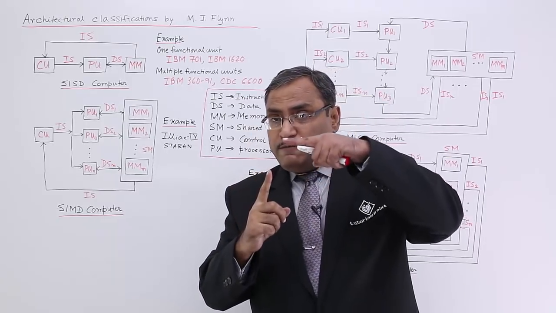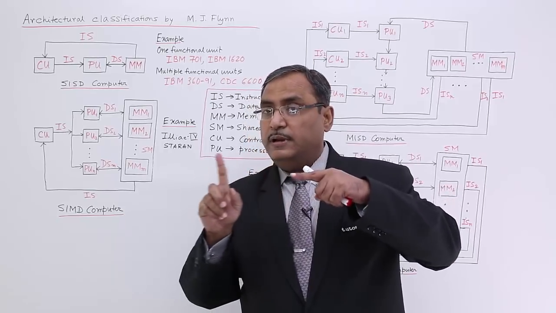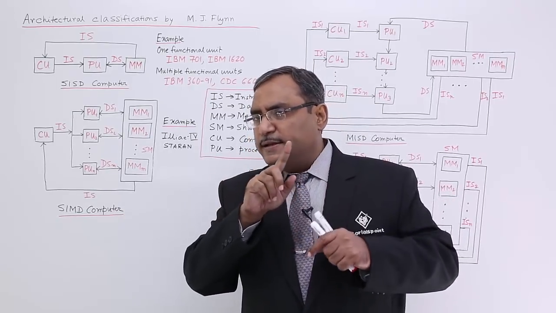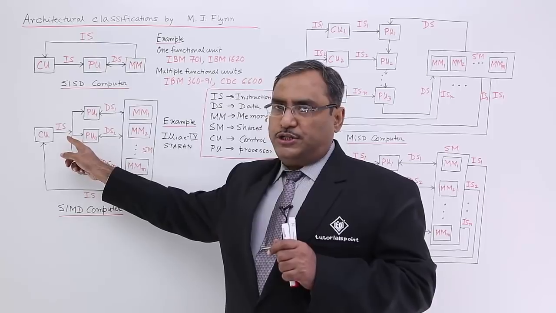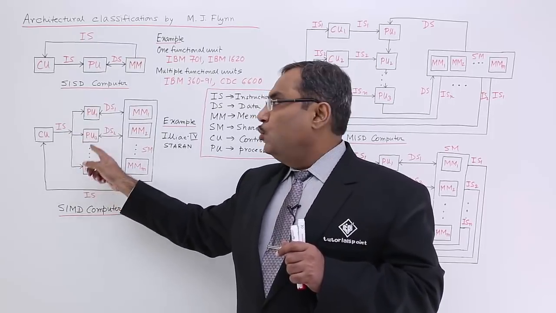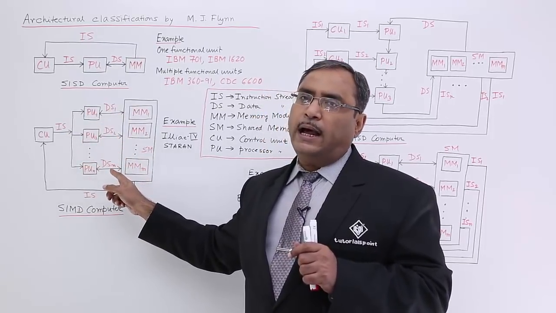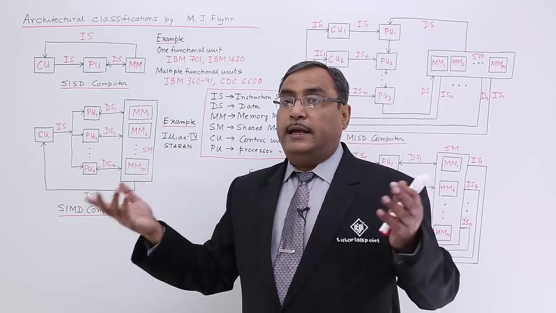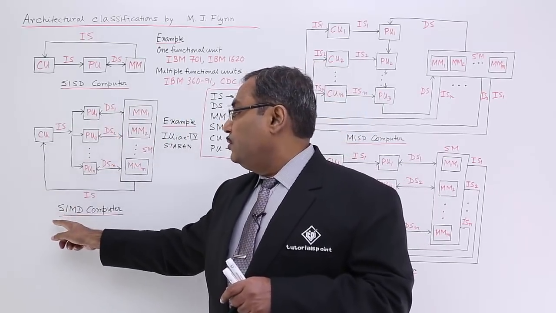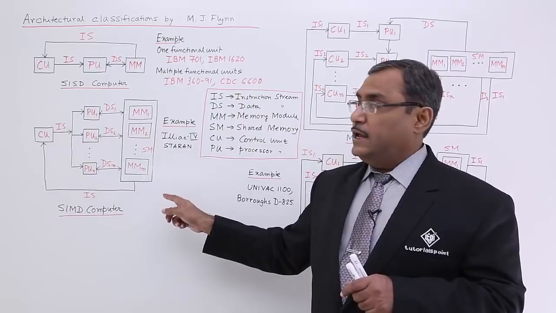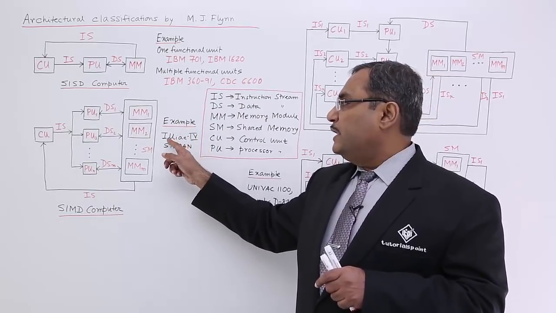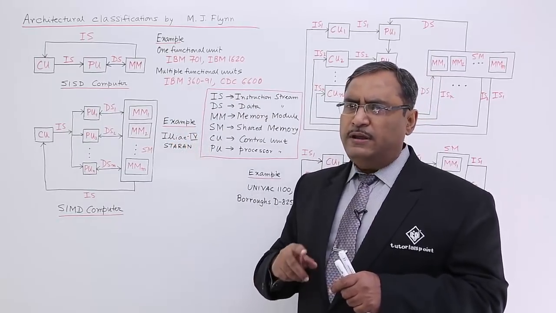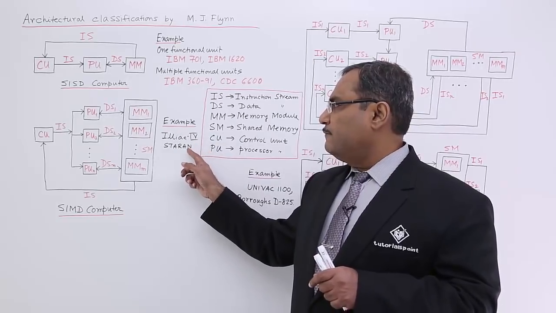In that case, the same single instruction, matmul, will work with different rows and columns of two different matrices. As a result, the same instruction, after getting decoded, will operate on different row and column pairs in parallel. That's why it is called an array processor. As examples, I can give Illiac 4 and Staran, two very famous names: Illiac 4 and Staran.